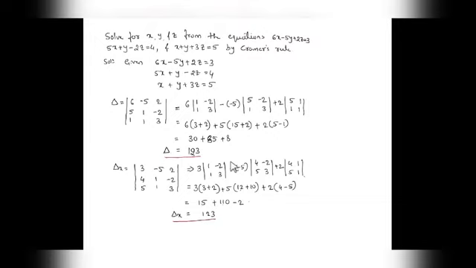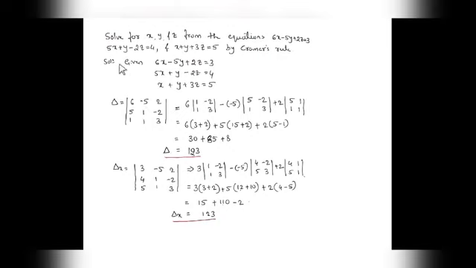Now we understood how to solve the system of linear equations which contains two unknowns. Now if the system of linear equations contains three unknowns like x, y, z, in that case how to find out those values?